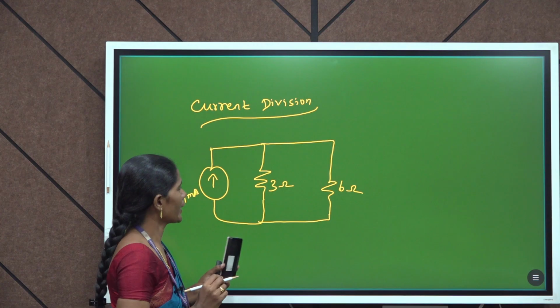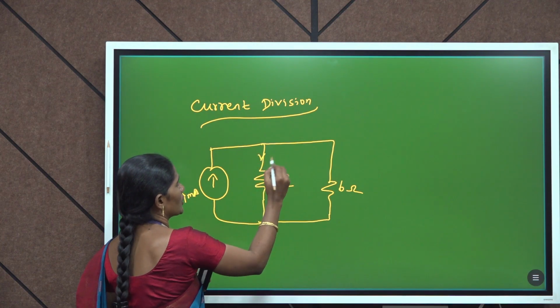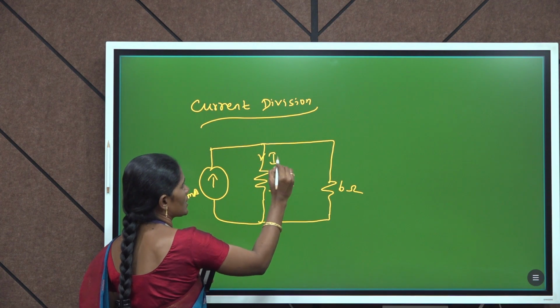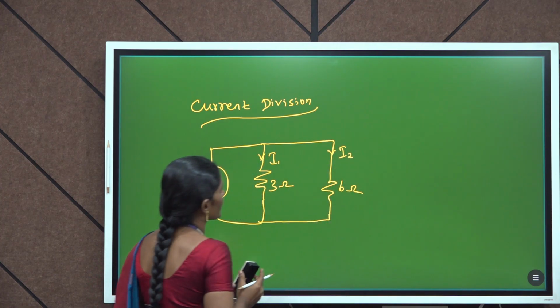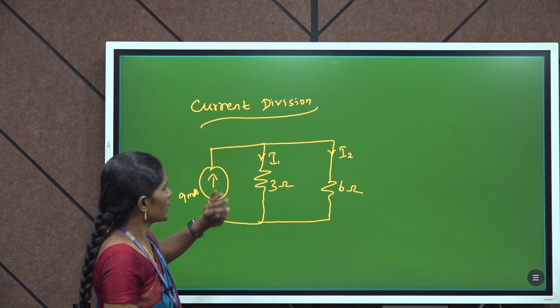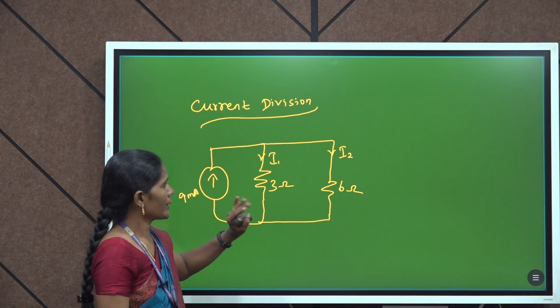First we have to find the current flowing through the 3 ohm resistance, named I1, and the 6 ohm resistance, named I2. By using the current division rule, we can identify the branch current.